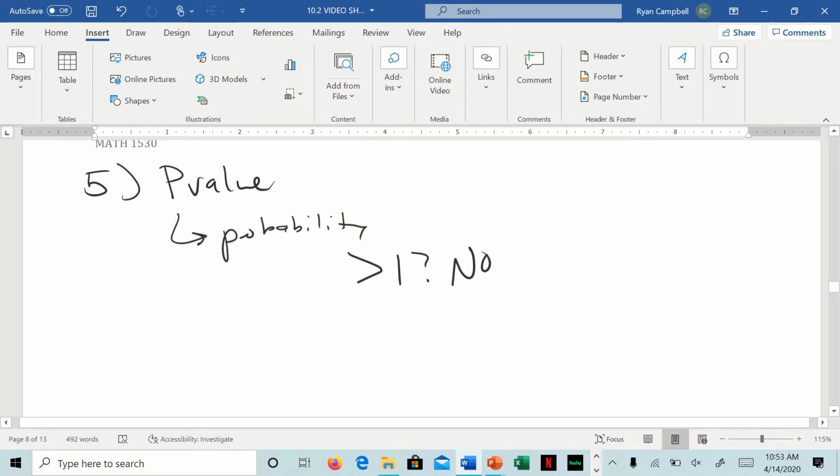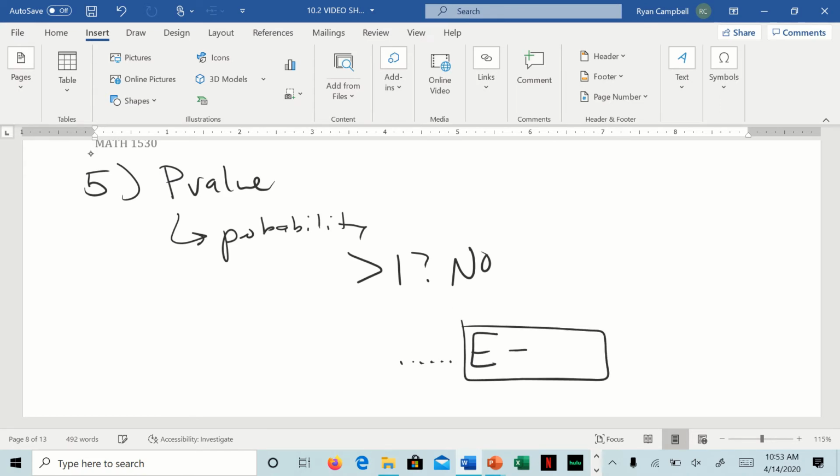So that means if you have a number for the p-value that's greater than 1, either you messed up, or more likely, you just got to keep looking at the end and see that there is an e negative. The negative tells you that you're going to move the decimal to the left, and this number tells you how many places to move that decimal.